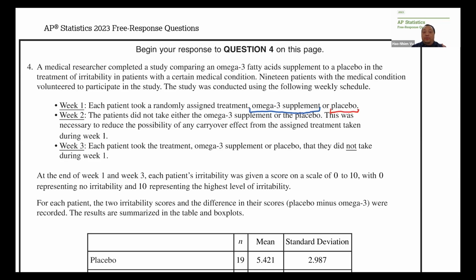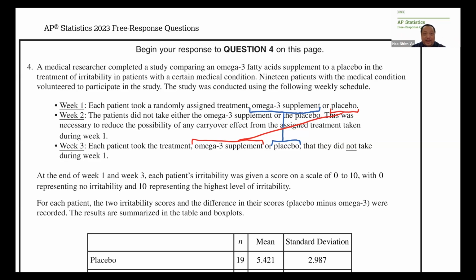And then in week 3, they took the treatment that they did not take during week 1. That means the omega-3 people now take the placebo, and the placebo people now take the omega-3 supplement. And the part in between is so that the system has the time to wash the effect out.